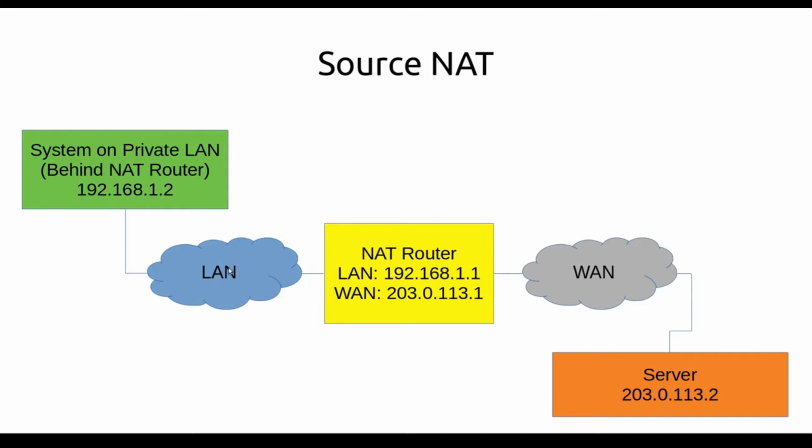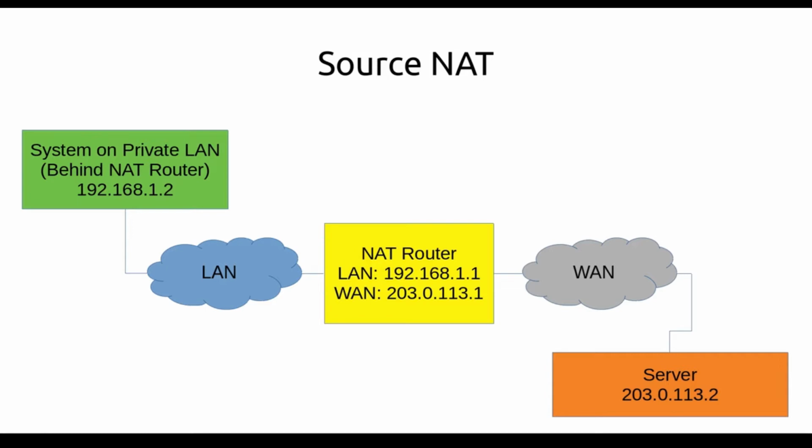That local area network has a NAT router at its edge, so we call this an edge router. And it has an address on the local area network, in this case 192.168.1.1, and it has a second network interface in it, so the router has two network interface cards. The second interface is what we would typically call the WAN side interface, or the wide area network side.